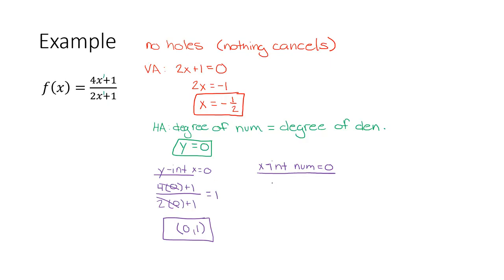So we would do 4x plus 1 is equal to 0. I subtract over the 1, and I divide by 4. So I have an x-intercept at negative 1/4, or (-1/4, 0).